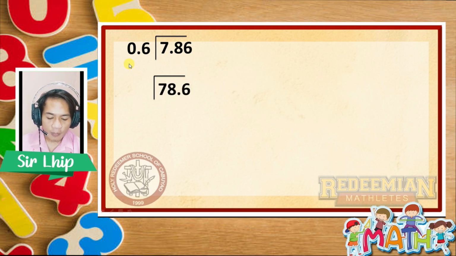So 6/10 becomes 6, and 7 and 8600 becomes 78 and 6/10. So 7 divided by 6 equals 1. 1 times 6 equals 6. 7 minus 6 equals 1.